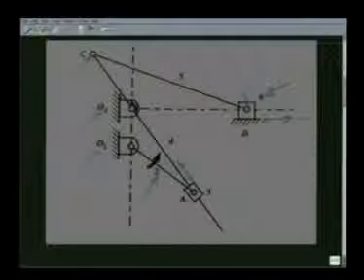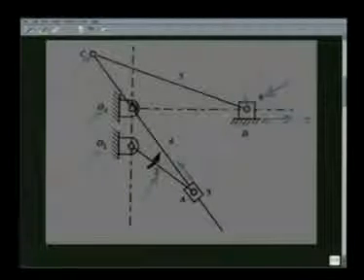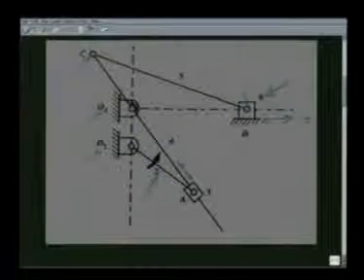First thing to note is that the stroke of the tool, that is this link 6, is entirely decided by the length O4C. When D goes to the rightmost position in this direction, C comes on this line. O4C and CD become collinear. Similarly, for the leftmost position of this link 6, again O4C and CD become collinear, but C comes on this side on the line O4D.